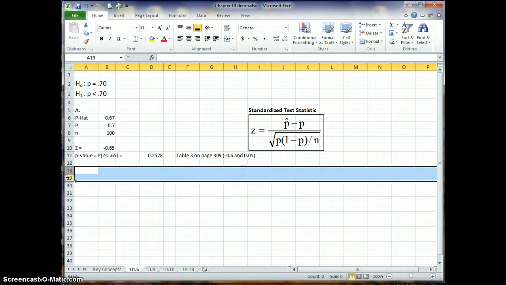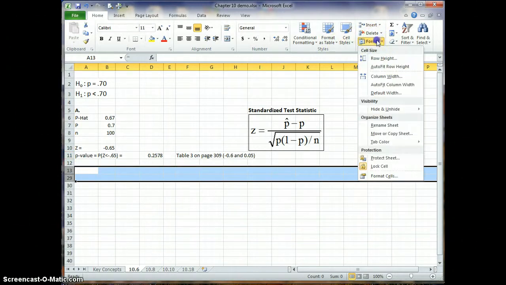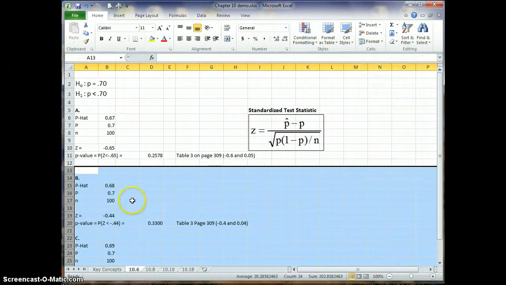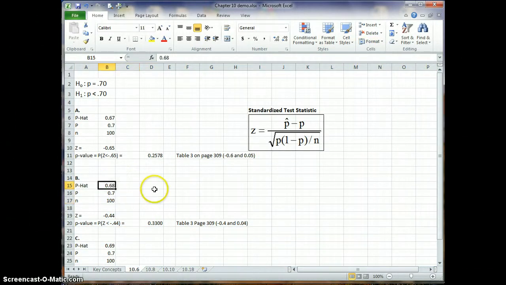So what I'm going to do, I hid those, so I'm going to go over here and just unhide the rows. And you can see here that I went through that calculation.